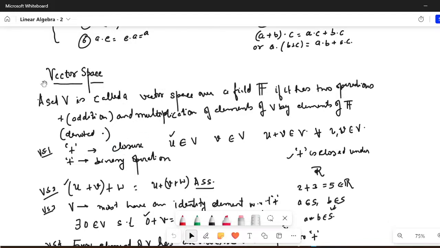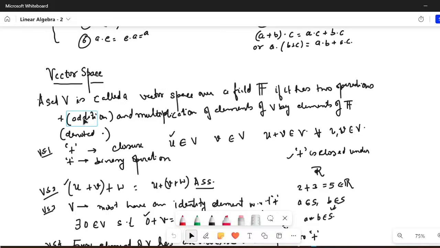And I will say that this set V forms a vector space if the vector addition is well defined. Whenever you start with vector spaces, the addition operation would be well defined and scalar multiplication would be well defined.